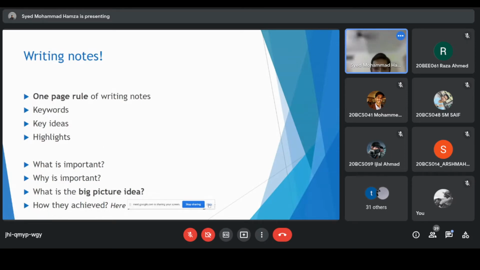And finally, you will ask yourself how they achieve this. For example, if you have to repeat the same thing, or if you have to follow the research by reading that research paper, so you ask how they achieve it. And this is where the methods, material, the body part comes in, and here your actual research begins.